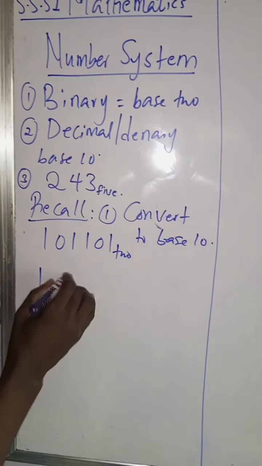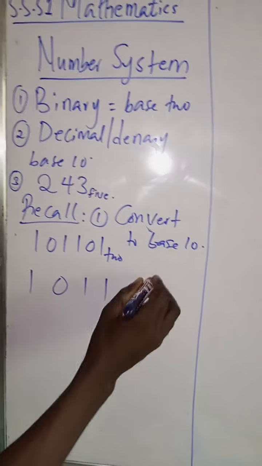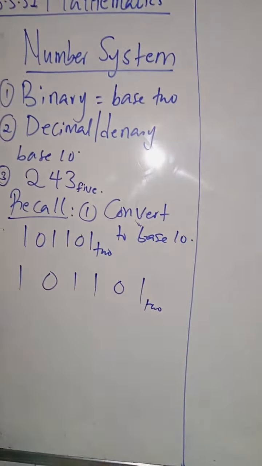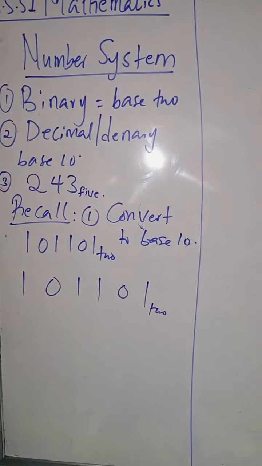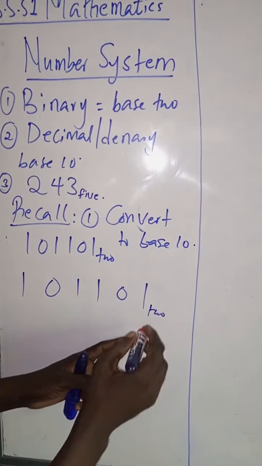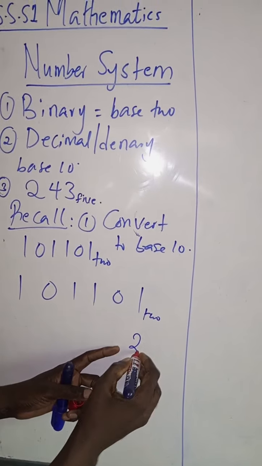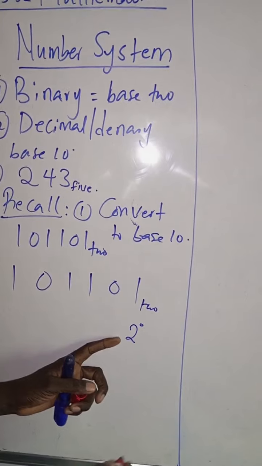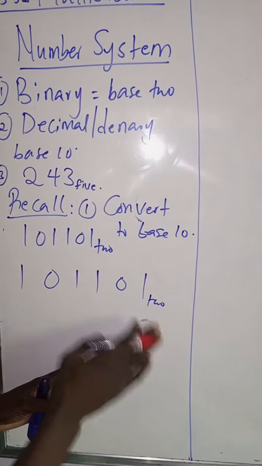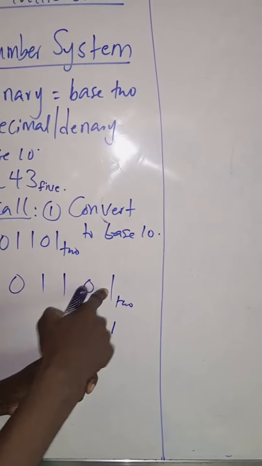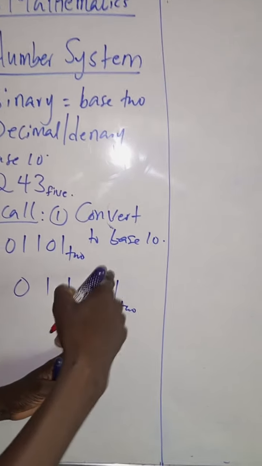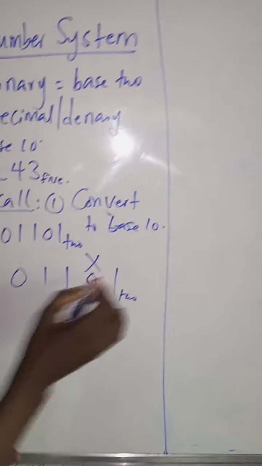Now let's write 101101. A very smart student should know that this is base 2, we write our 2 here, and 2 is raised to power 0 for the first one. Definitely, the first one will give us 1 if this place is 1.